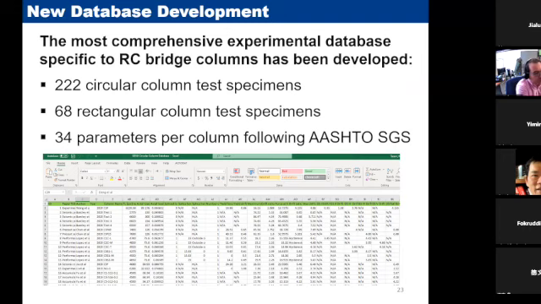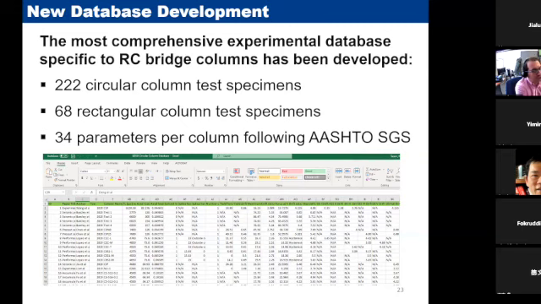We also know that past experimental databases included information that had nothing to do with bridge design and did not include parameters that were important for bridge design. So we had to take care of those. So we proposed and developed this 300 column database following all definitions by AASHTO.